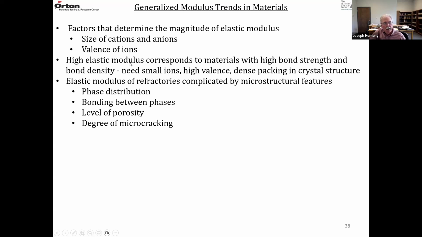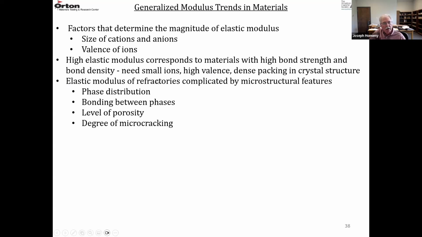So if you have a high elastic modulus material, that corresponds to a material with a high bond strength and a high bond density. So to get a high bond strength or bond density, you need small ions. They have to have high valence or high charge, and they have to be dense packed in a crystal structure, small interatomic spacing.